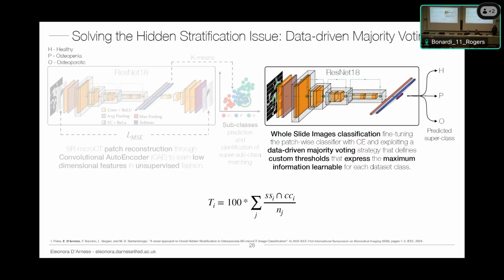One choice could have been to just use majority voting, a 50% threshold, that's it. The problem was that going in that direction was not super promising, so we supposed that you are not necessarily healthy just because 50% of the patches are healthy. We tried to figure it out experimentally, testing different thresholds based on how many patches per image are osteoporotic to give an osteoporotic label.